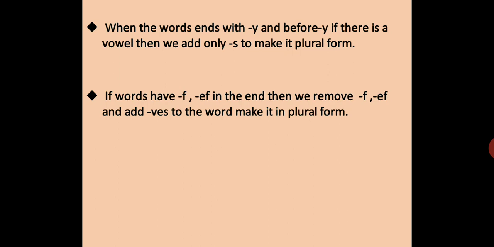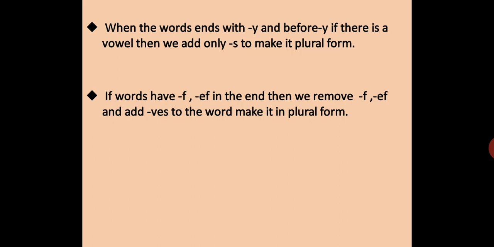Fifth rule is if words have f, fe in the end, then we remove f, fe and add ves to the word to make it in a plural form.